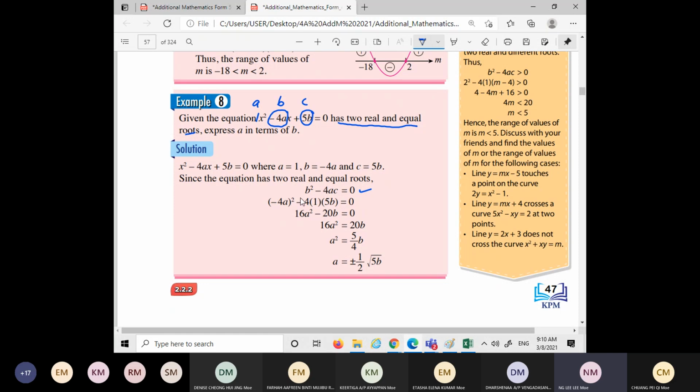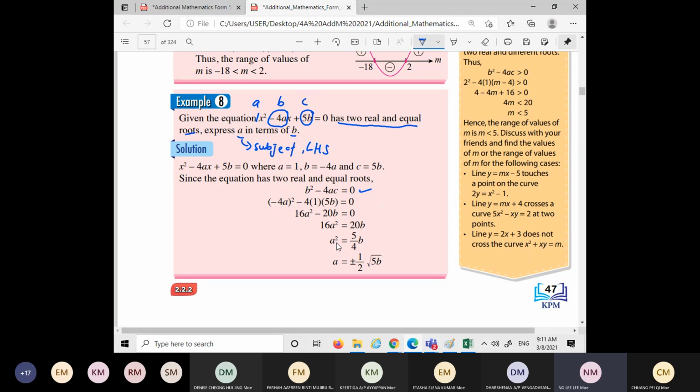They want you to express a in terms of b, means a must be the subject, standing alone with no other things on the left hand side. Therefore, 16 I throw to the right hand side. So 20 divided by 16, simplify, I get 5/4.